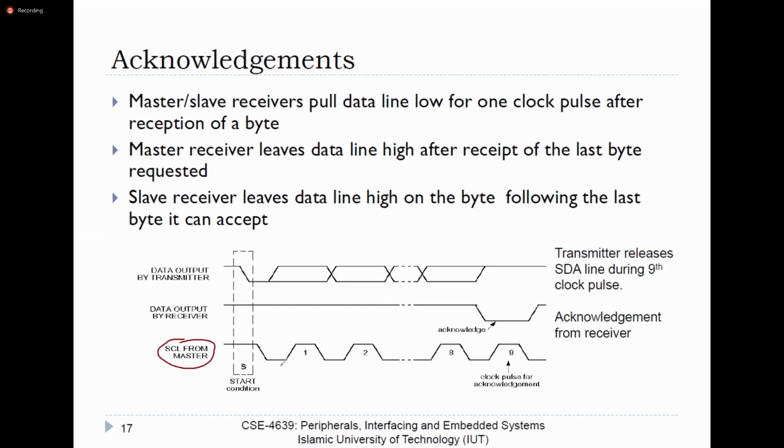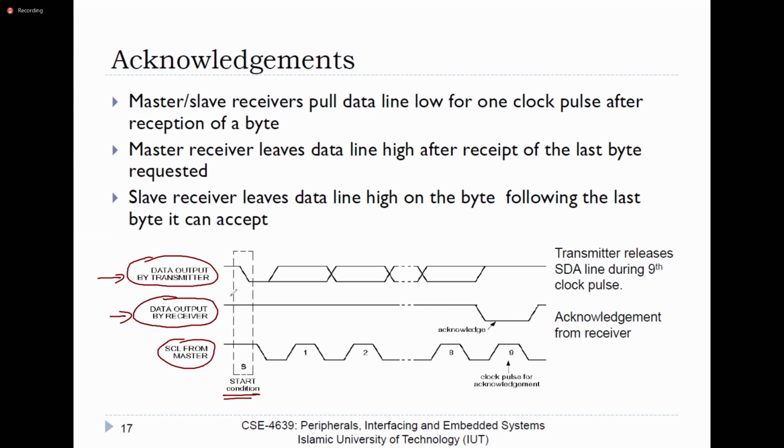One is SCL that always maintains the clock pulse, and we have the data line, one data line for the transmitter and one data line for the receiver. Now you see the transmitter makes a transition. This is the start condition, and after that, at first the slave address will be sent.